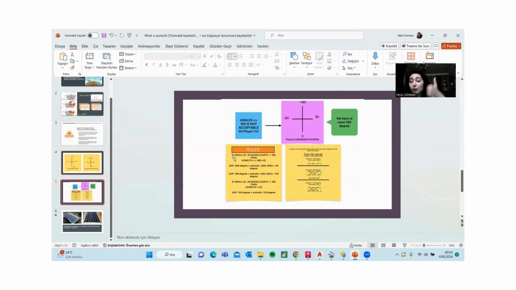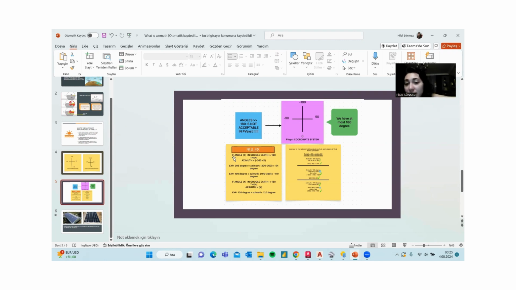First, we will convert the azimuth angle of the roof so that we can use it in Pvsyst. Then we will calculate the azimuth of the panels from the azimuth of the building, using this angle converted from Google Earth.